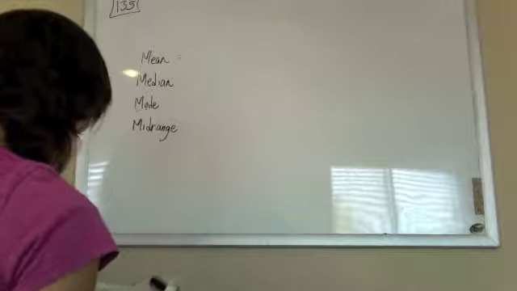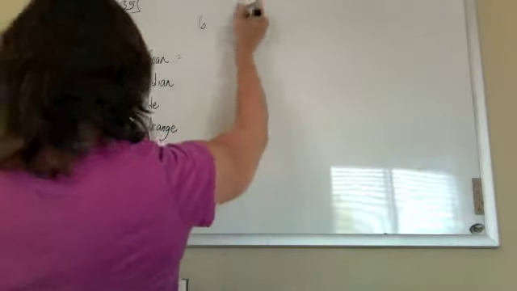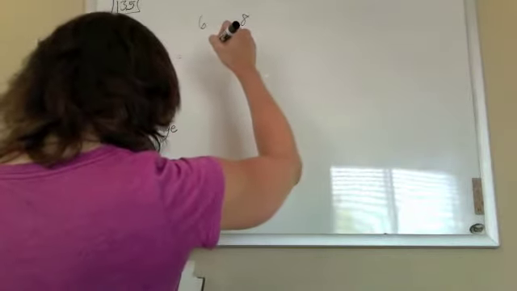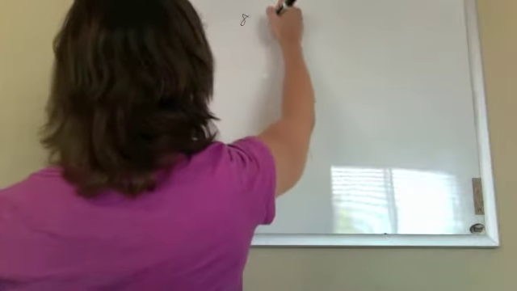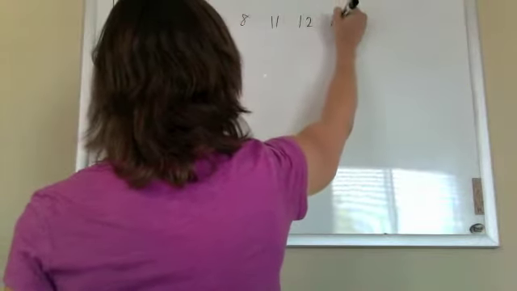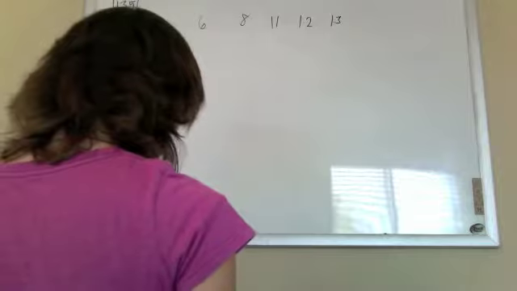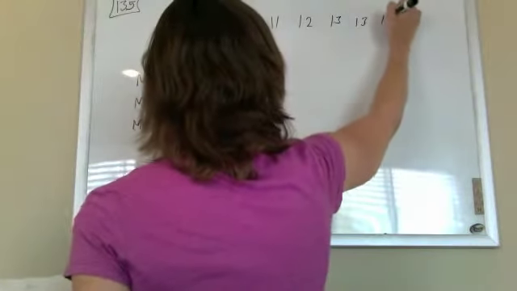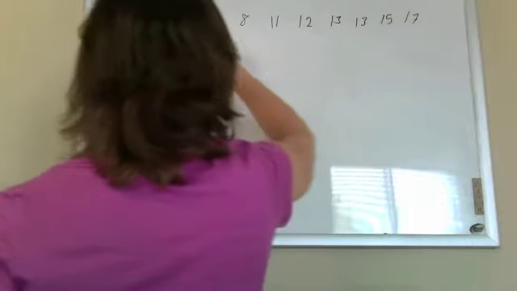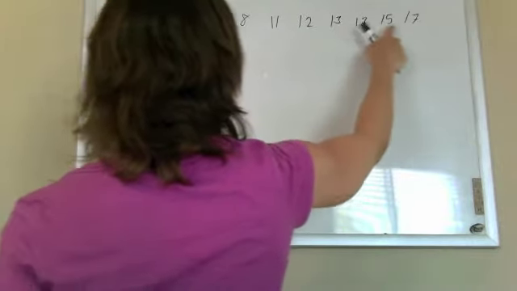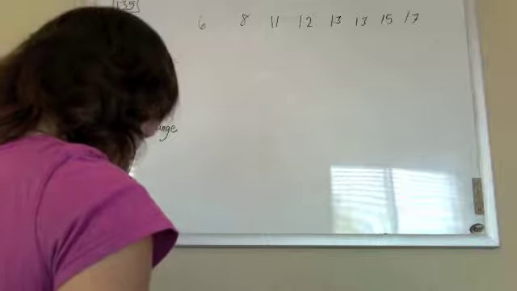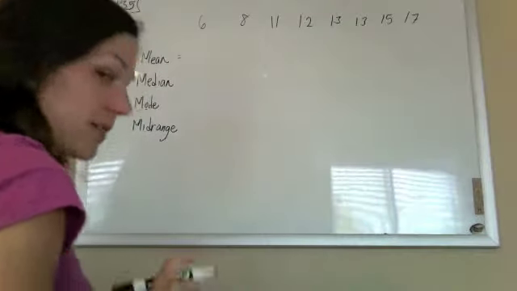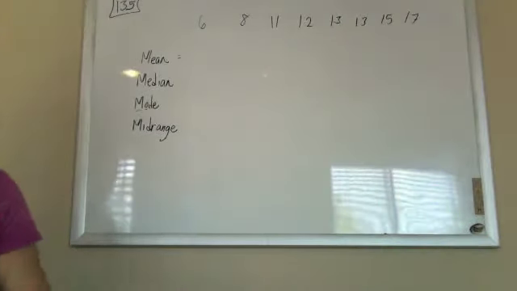So I'm going to write the 6, then the 8, then the 11, then 12, then 13, then 13, then 15, then 17. Always make sure you've got them all. 1, 2, 3, 4, 5, 6, 7, 8. Got them all. Should be good.